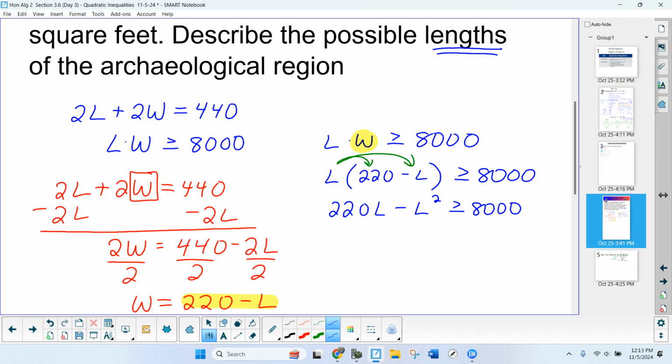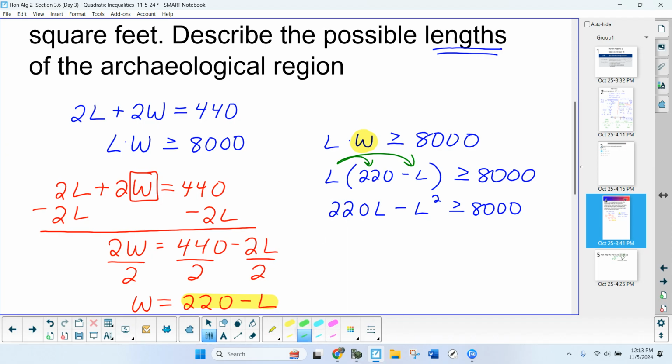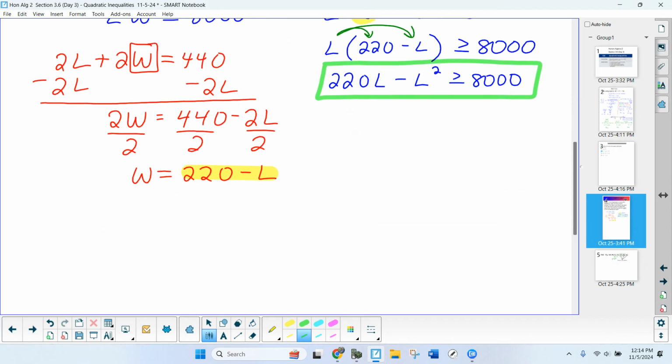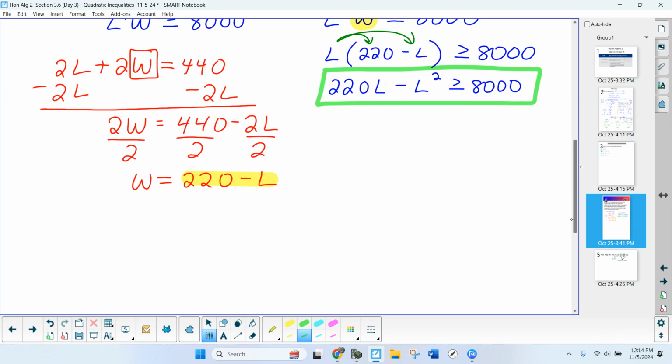Now, just like last night, we got to find our critical values. So before I go any further, let me stop. Here is my original inequality then that I'm going to work with. In order to solve that inequality, I need to find the what? Critical values.